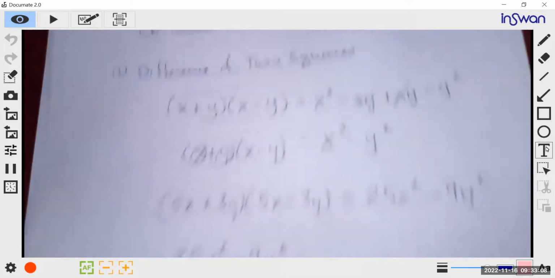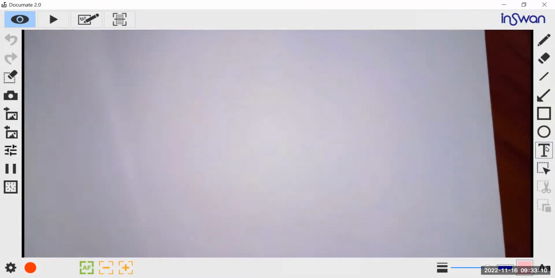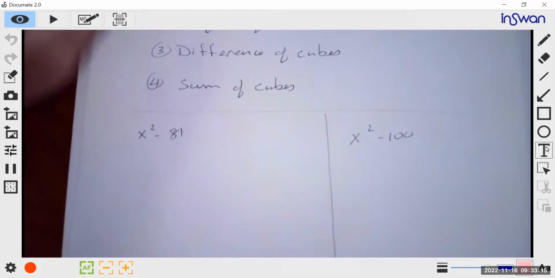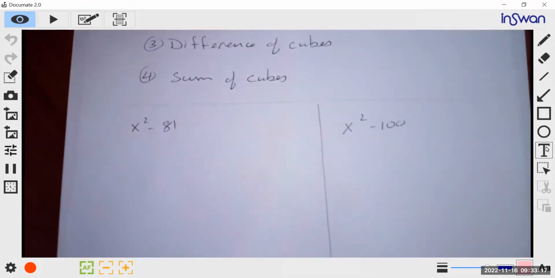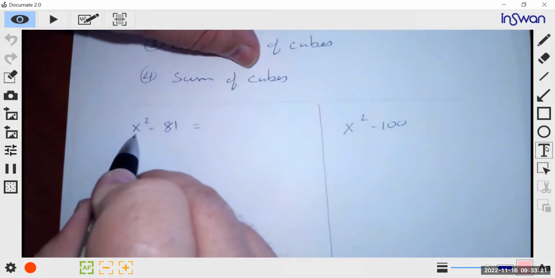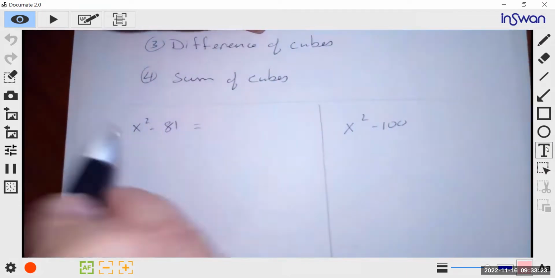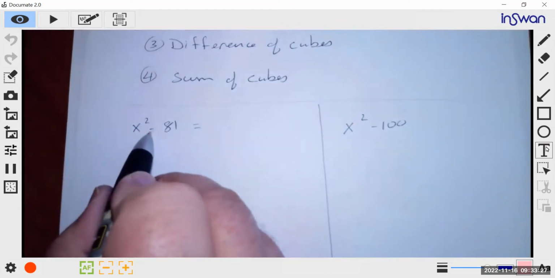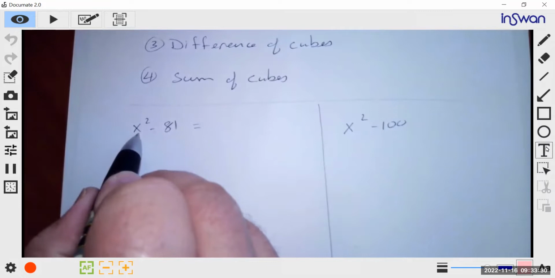All right, let's look at some more examples. Is this one a difference of two squares? Is the first term a square? First I'll look at, are there only two terms? Check. Is it a minus in the middle? Check. Is the first term squared?